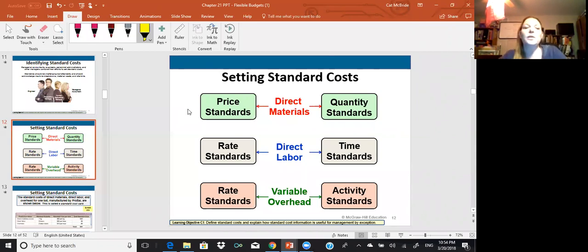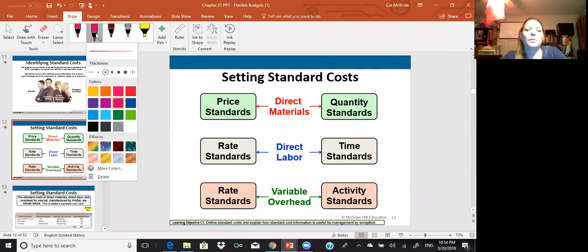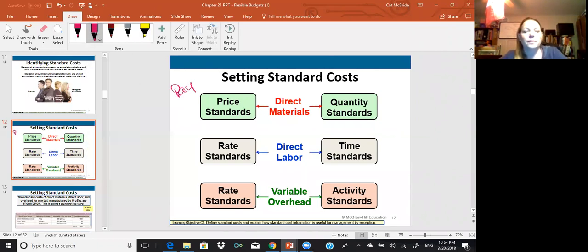Everything we look at is going to be based on, did we pay too much or did we use too much? And is one hiding the other? Like, did we use too much but pay less than we planned? So the variance is small, but there's still really a problem.